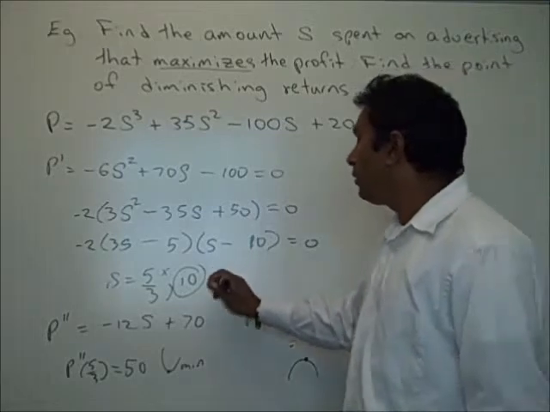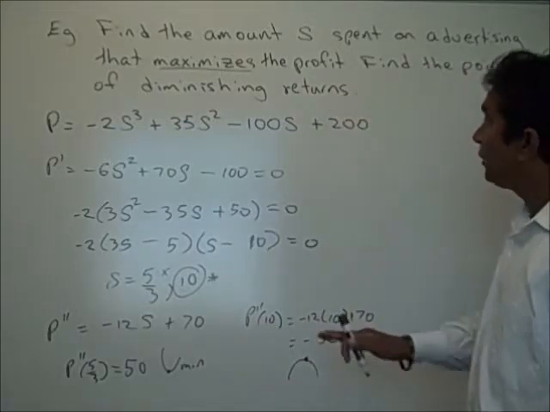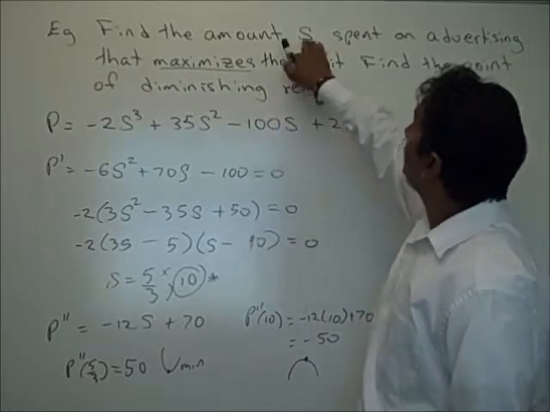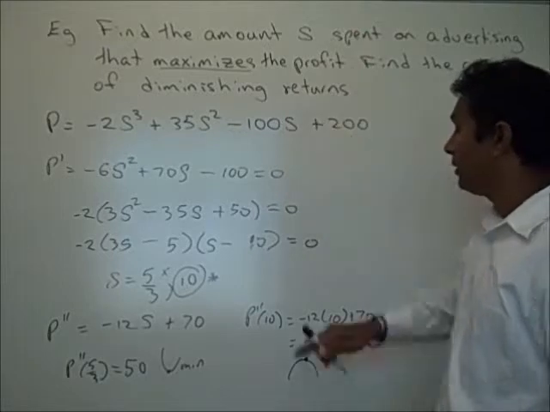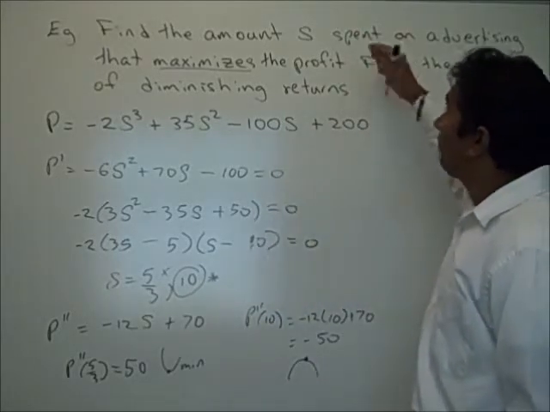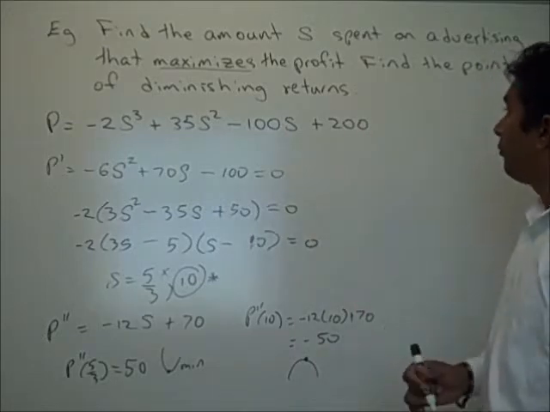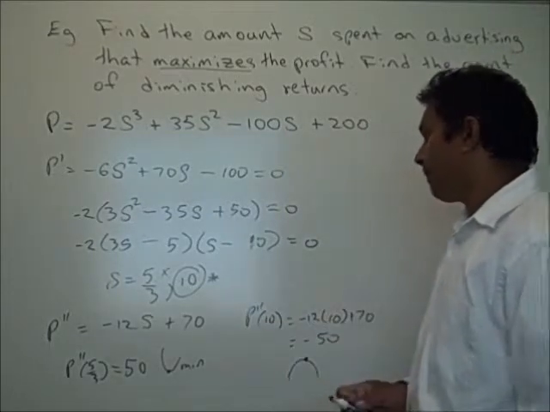So the amount S that we need to spend on advertising would be 10. And this could be 10,000, 10 million, whatever our units are being measured in. So here S is equal to 10.